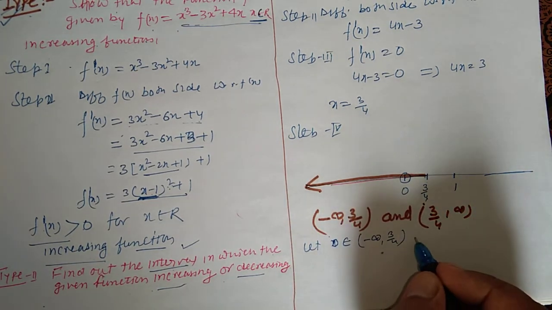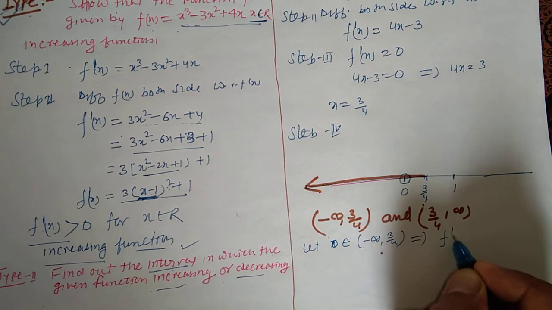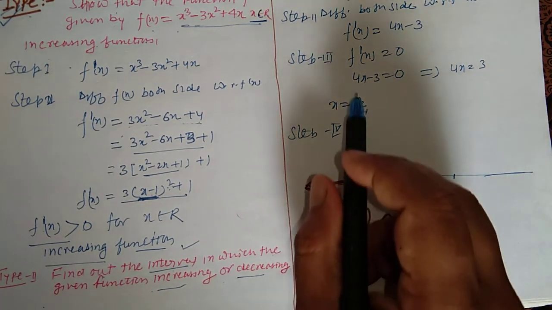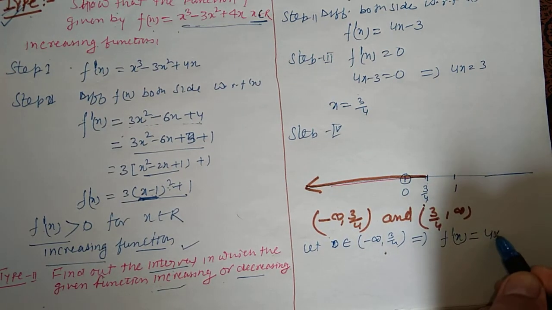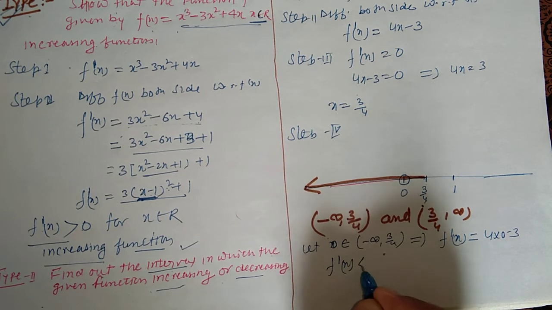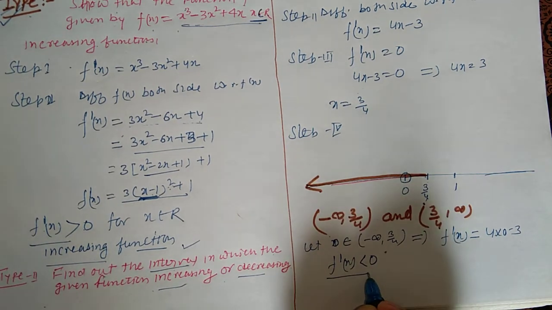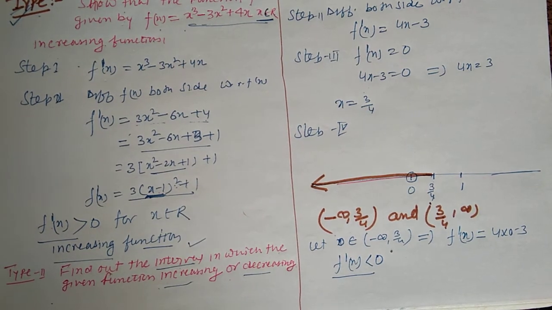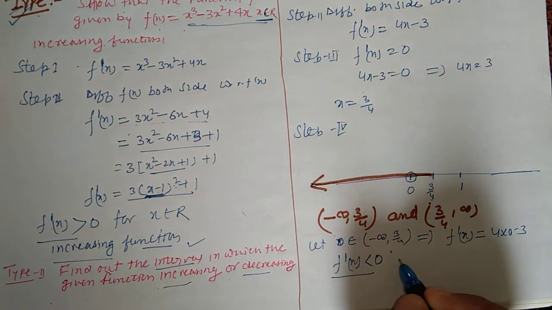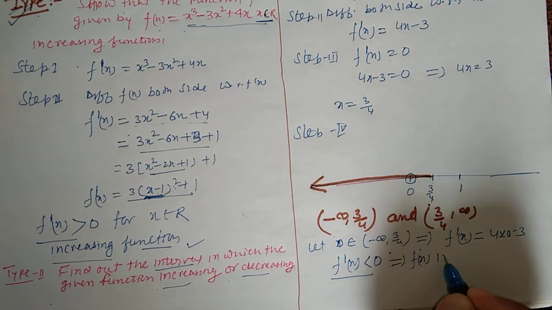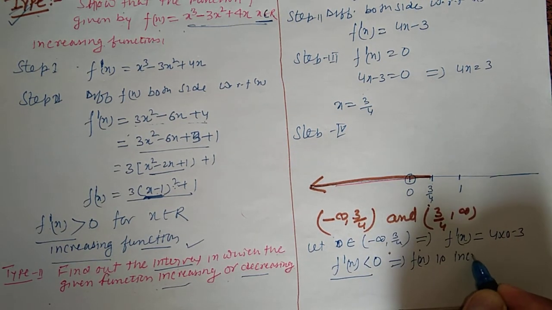So f dash x is equal to 4 into 0 minus 3, so f dash x is less than 0. If f dash x is less than 0, it means the function is decreasing.